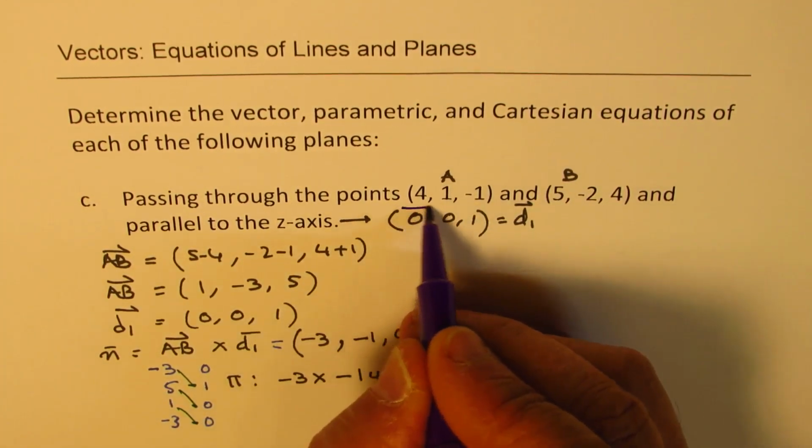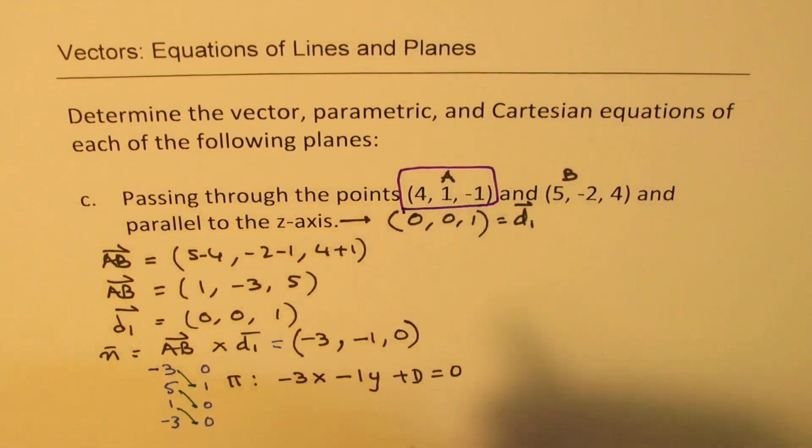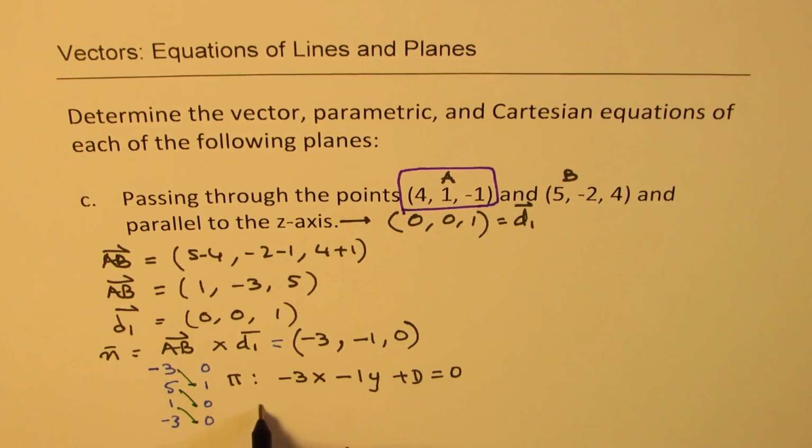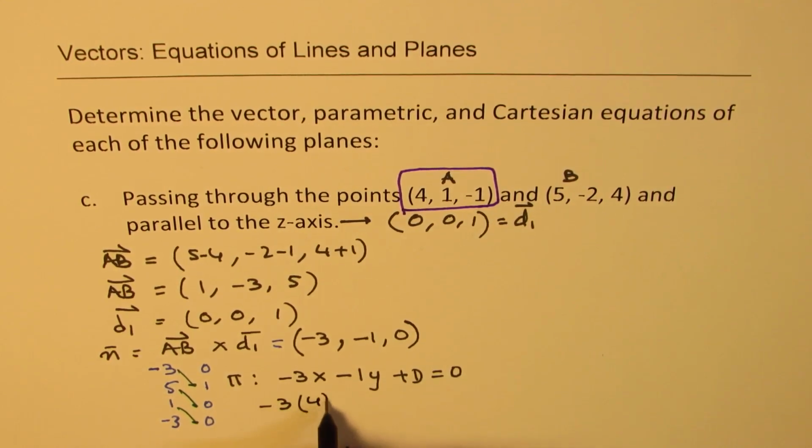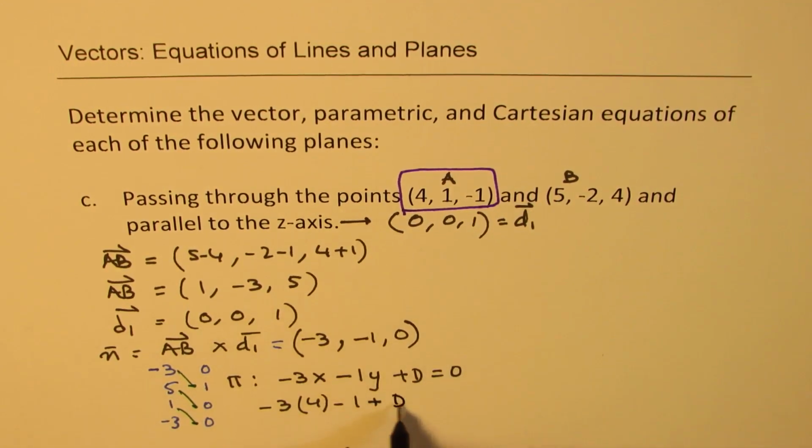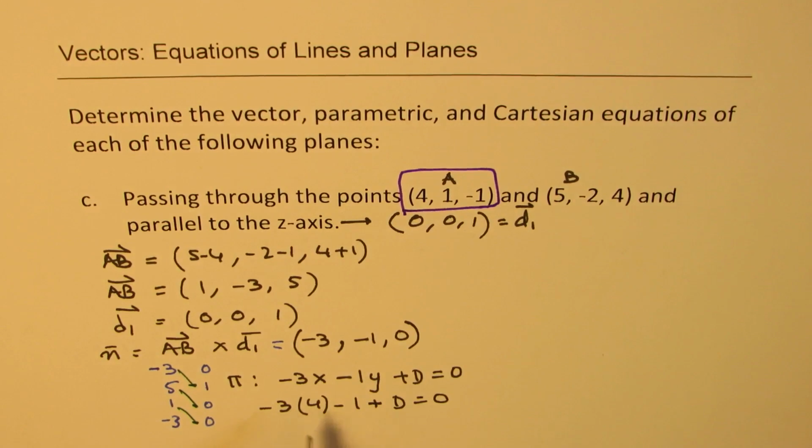You could use any one of them, right? So we'll use this one. Substituting, what do we get? We get -3 times 4, minus 1, plus d. z is 0, plus d equals 0. So that is -12 and -1, -13. So d equals 13.